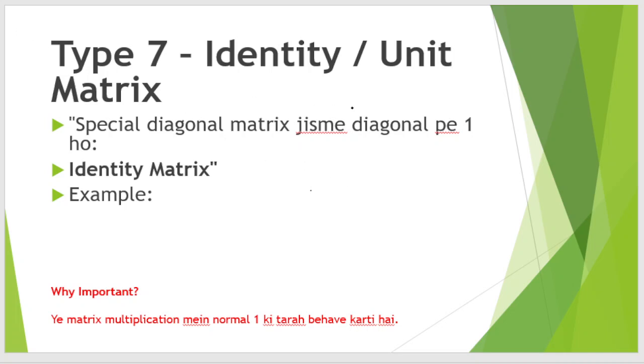What is meant by identity matrix or unit matrix? Unit means one, right? So this is a special diagonal matrix. Remember, it has to be square, because diagonal means it has to be square first of all. It is a diagonal matrix as well as a special diagonal, in which the diagonal has 1s.